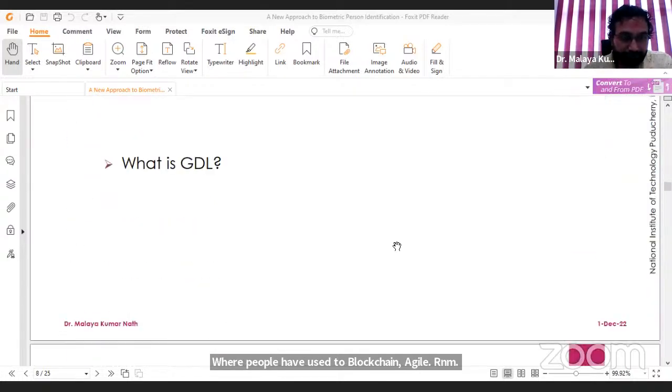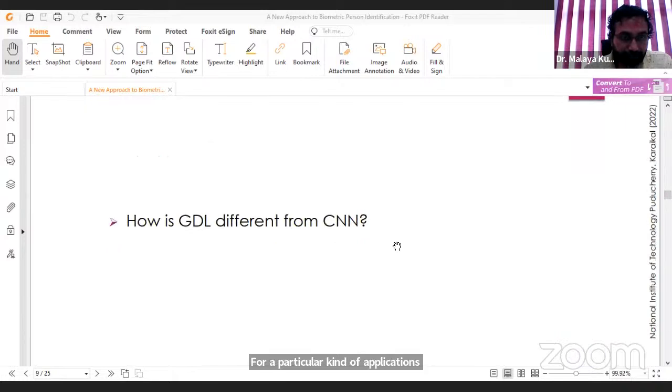What is GDL? How is this GDL different from CNN? On what basis is it different? And which one is advantageous, GDL or CNN? Why?